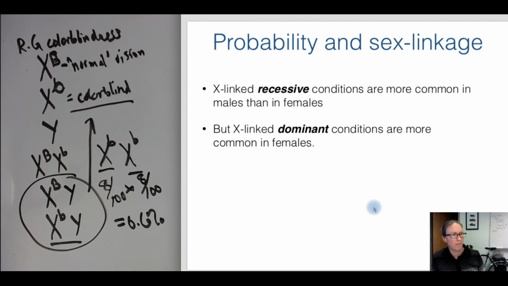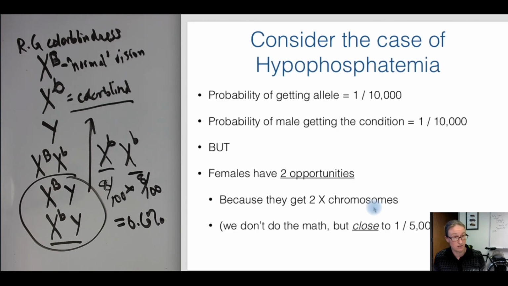Okay, and so we can extrapolate on this to think about sex linkage and probability in general. Overall, for any X-linked recessive condition, that condition is going to be more common in males than females. But in contrast, an X-linked dominant condition is going to be more common in females. So let's consider the case of hypophosphatemia here.